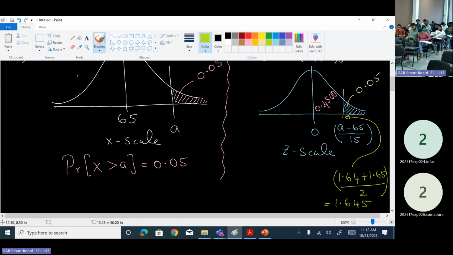When both values are the same distance, you take the average. So 1.645.